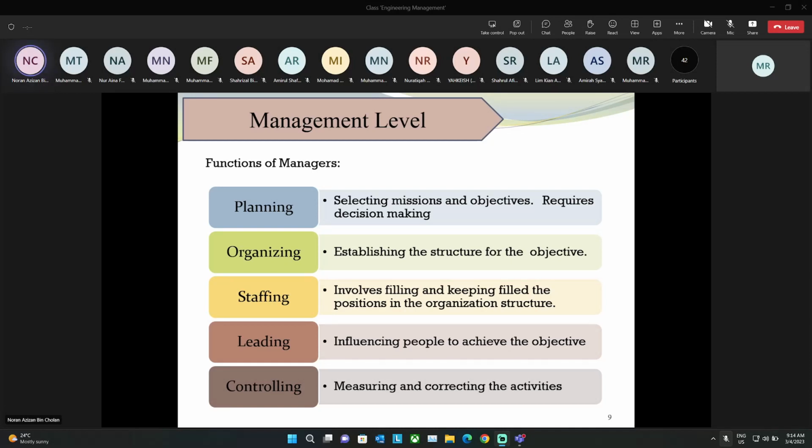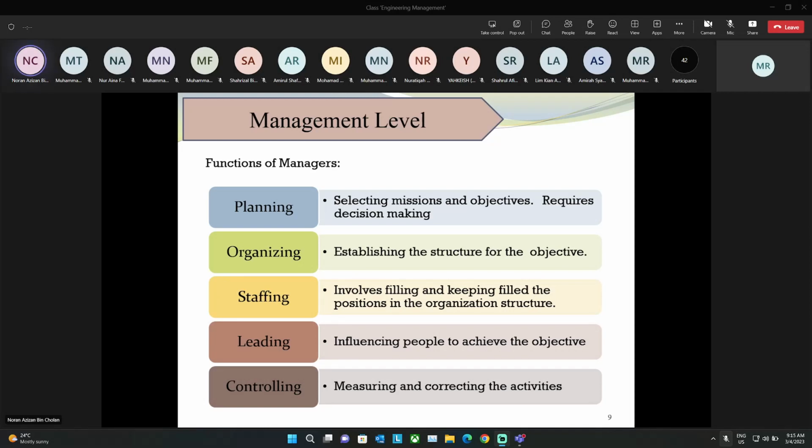How many engineers, how many chief engineers will be located at that area? That's the organizing, which usually means managing human resources. Staffing involves filling and keeping the positions filled. So they always come together.